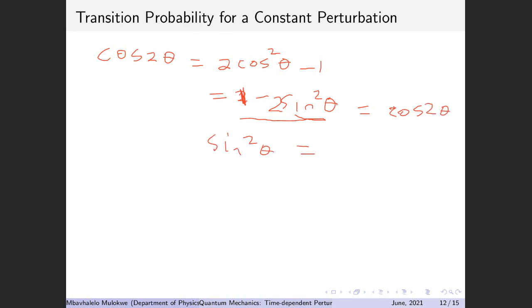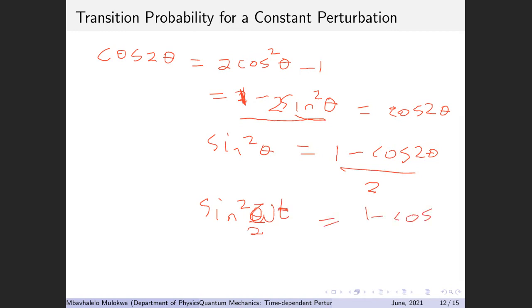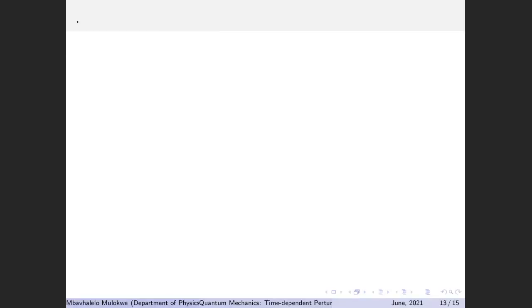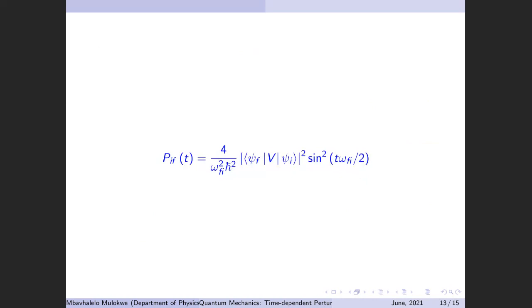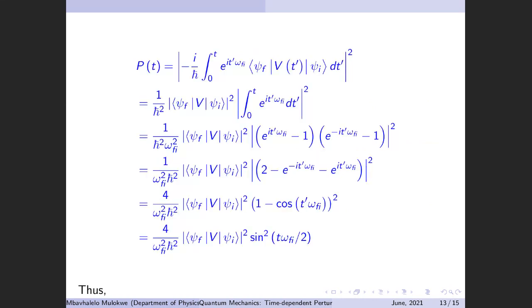So sine squared theta is given by 1 minus cos 2 theta over 2. So whenever I see the 1 minus cos omega t, I can replace it. The point was that in the end, you express everything in terms of sine.